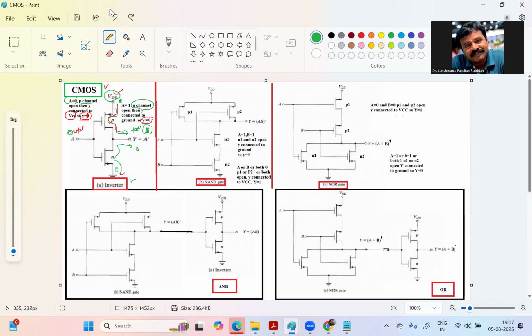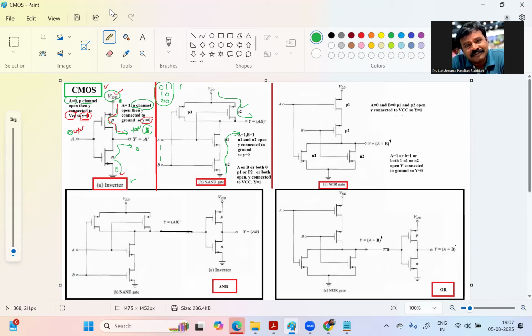Right? If both are 1, then the output is connected with ground. In all other cases, any one of the P channels or both are open. These 3 cases: 0 1 or 1 0 or 0 0. In 0 1, P2 is open, so this is connected to VCC, we get 1.